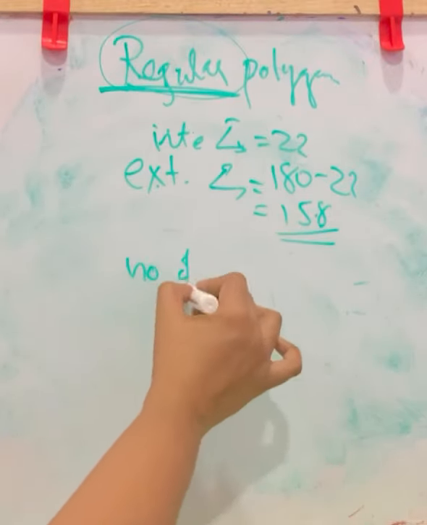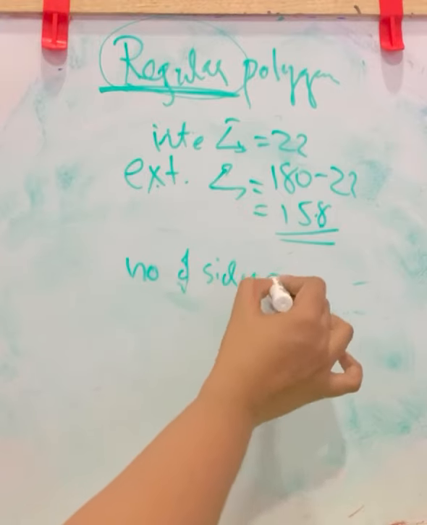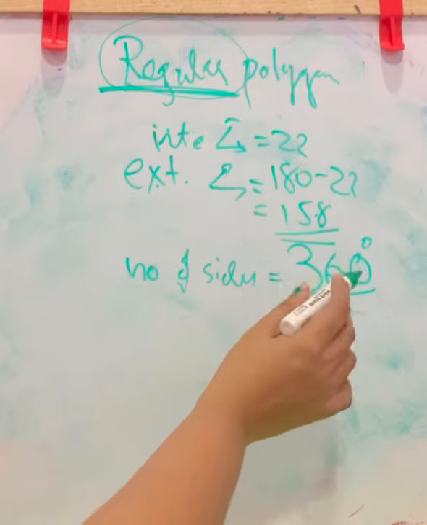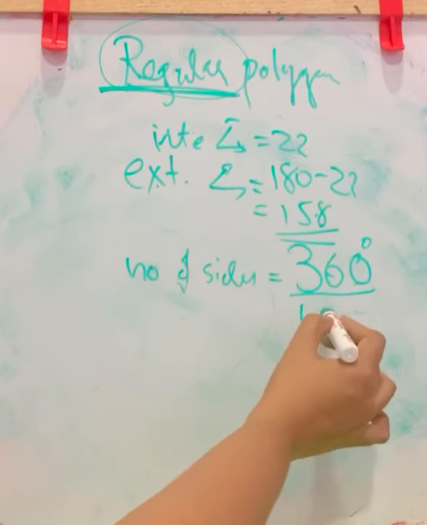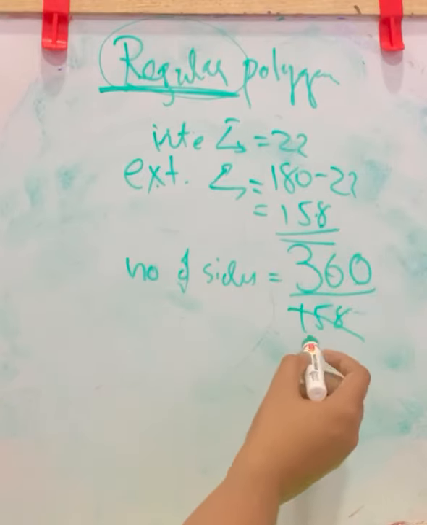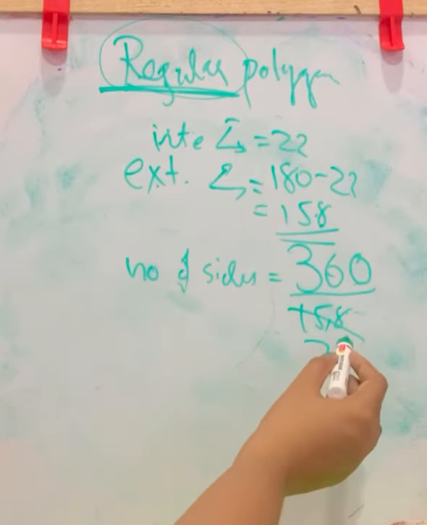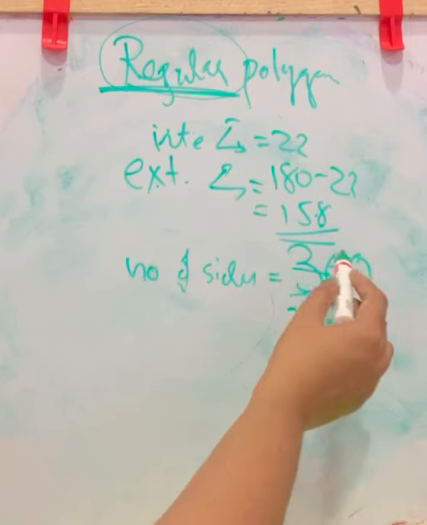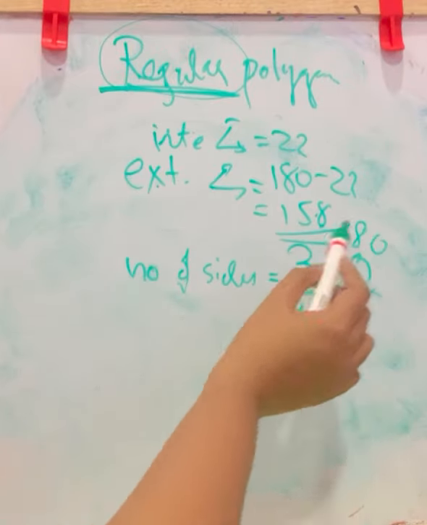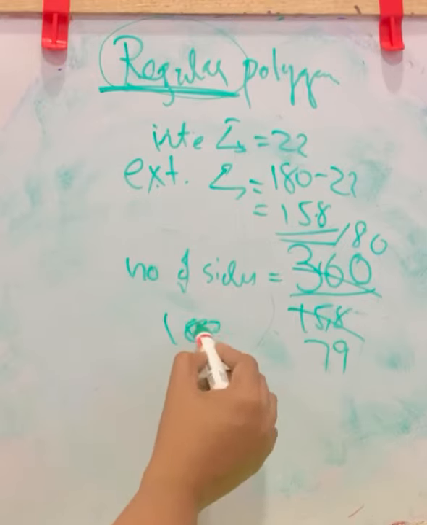Now we can find the number of sides. Number of sides is equal to the sum of the exterior angles, 360, by each exterior angle, 158. Now start cutting with 2. 7 2s are 14, balance 1, 9 2s are 18. Here in 360, 1 2s are 2, balance 1, 8 2s are 16. Carry this 0. 180 division 79.